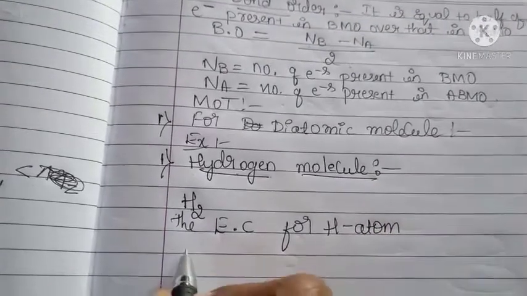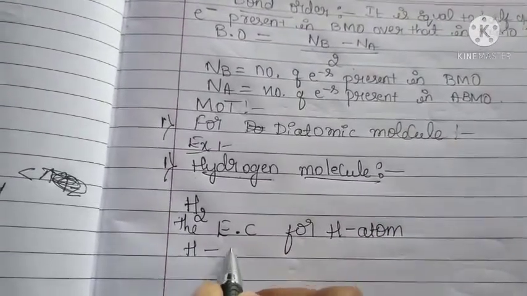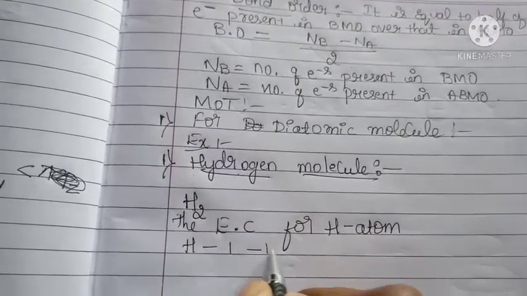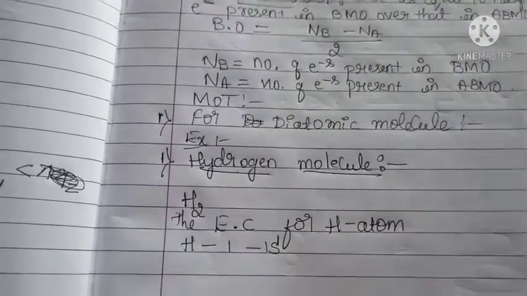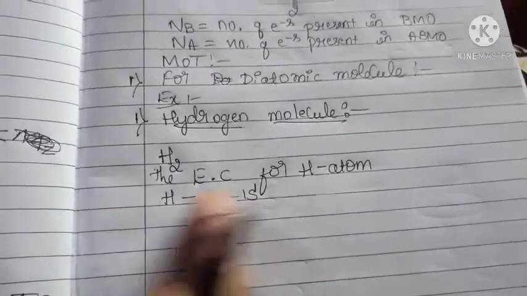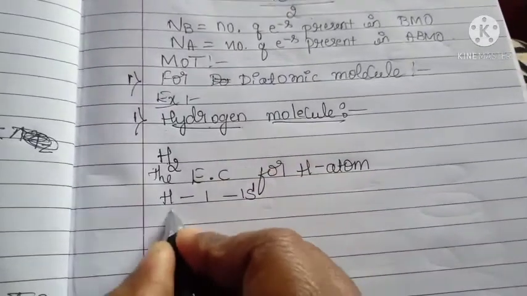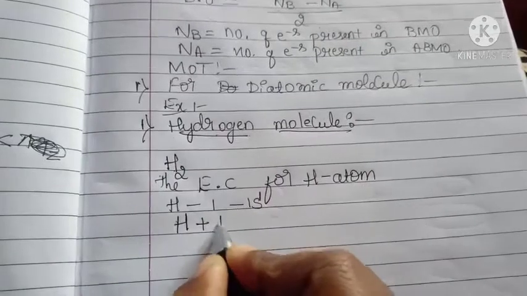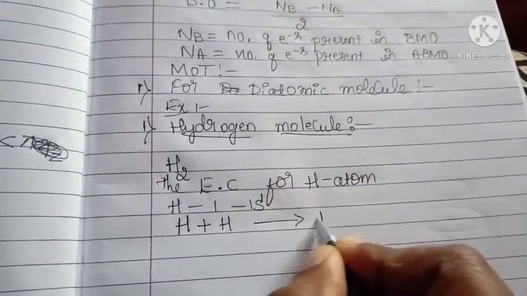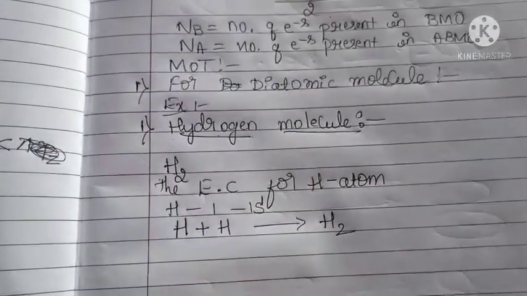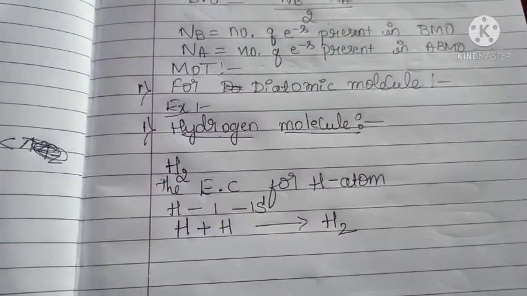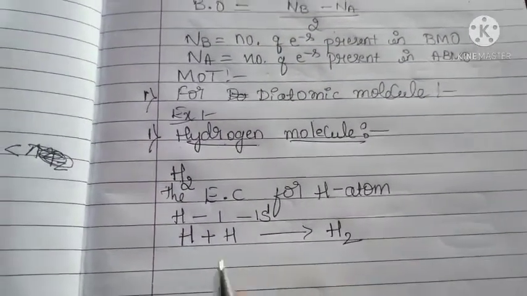For the hydrogen atom, the atomic number is 1, so the electronic configuration is 1s1. For the formation of the hydrogen molecule, H plus H gives H2.